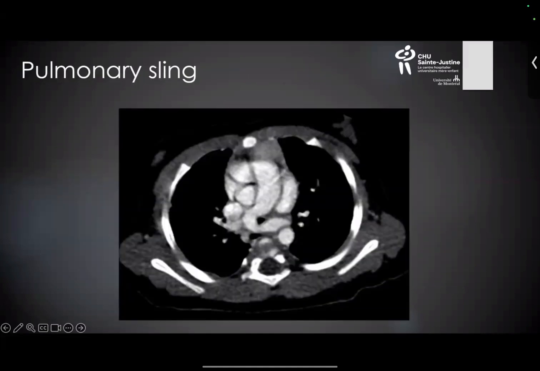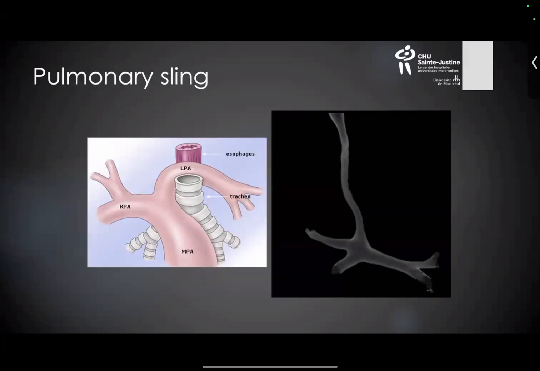So in that case, it was a pulmonary sling. What is a pulmonary sling? A pulmonary sling is the left pulmonary artery coming from the right pulmonary artery, passing in between the trachea and the esophagus, and it can be associated with tracheal rings. Here you have the same case.